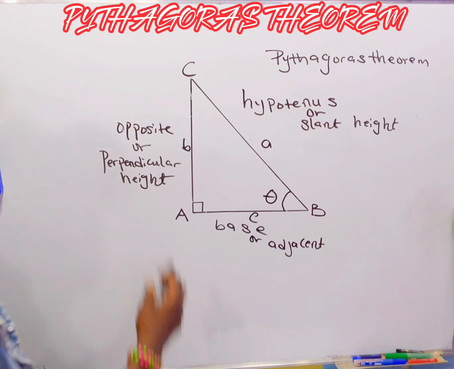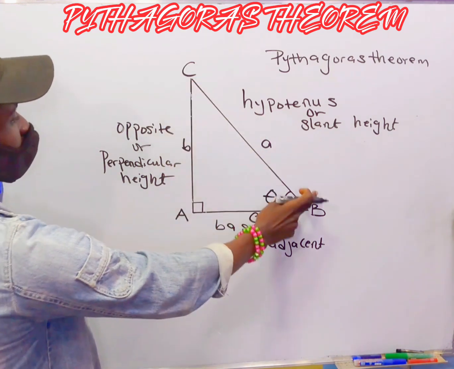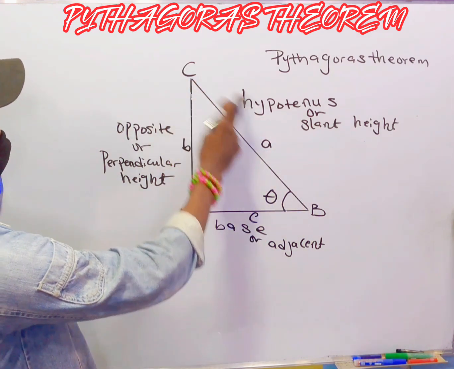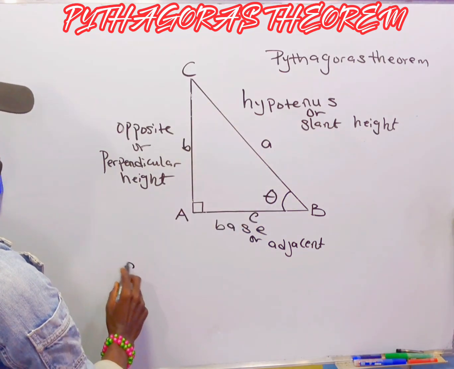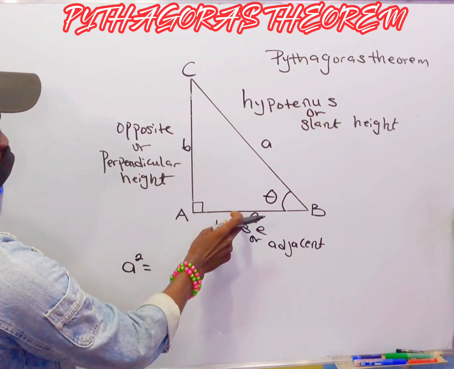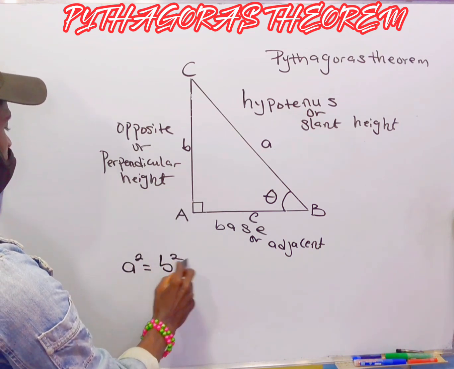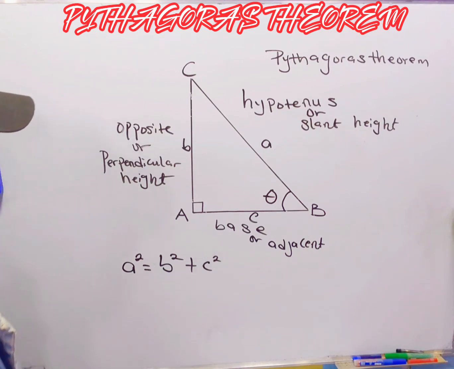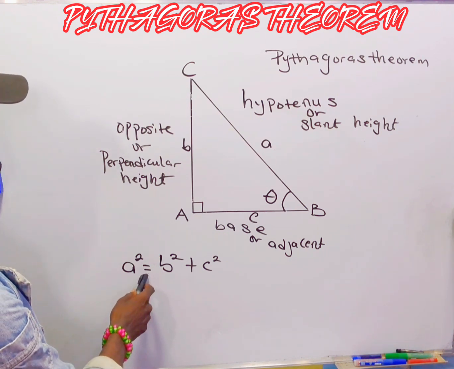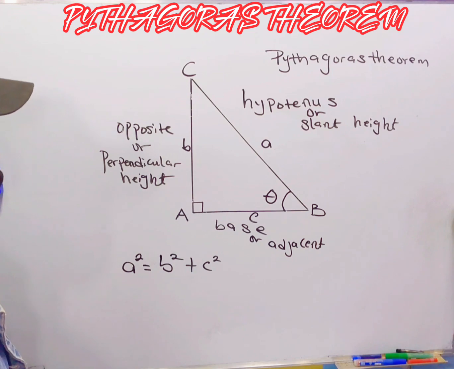Therefore, the Pythagoras theorem states that the square of the side with the longest part, which is side A, is equal to the sum of the squares of the other sides, B square plus C square, which means the hypotenuse square is equal to the sum of the adjacent square and the opposite square.